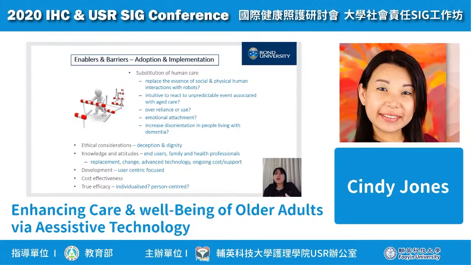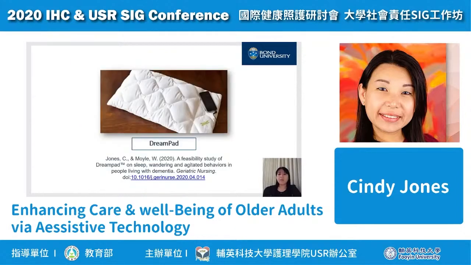So it's often very hard to determine the true efficacy of social robots for the older population, or for anyone, especially because sometimes the individualized efficacy might be greater than you're expecting, or greater than what has been determined through a group approach.